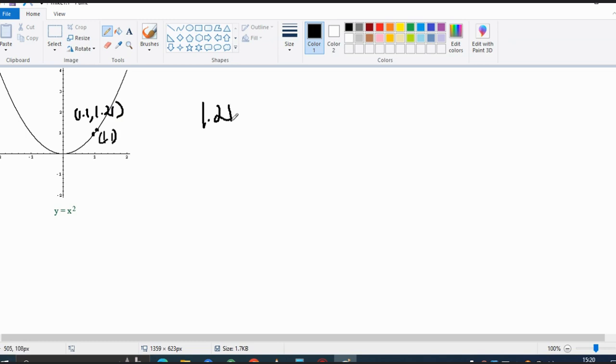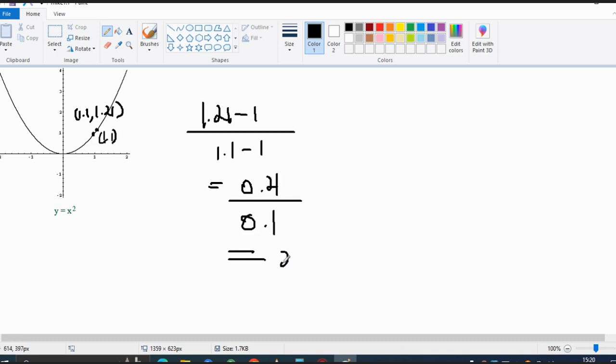Just going to be 1.21 minus 1 divided by 1.1 minus 1. So what's that going to be? 0.21 by 0.1, which is 2.1. So this is approximately dy by dx.